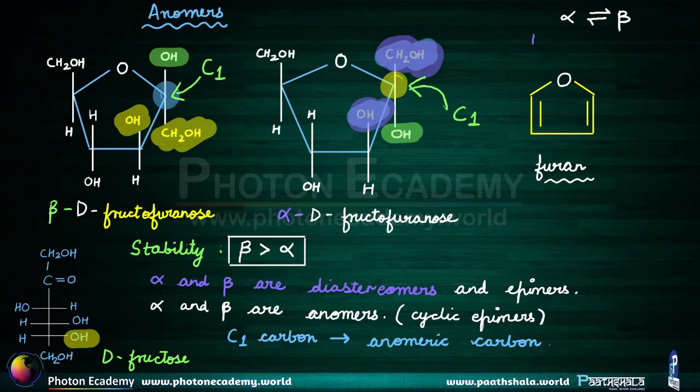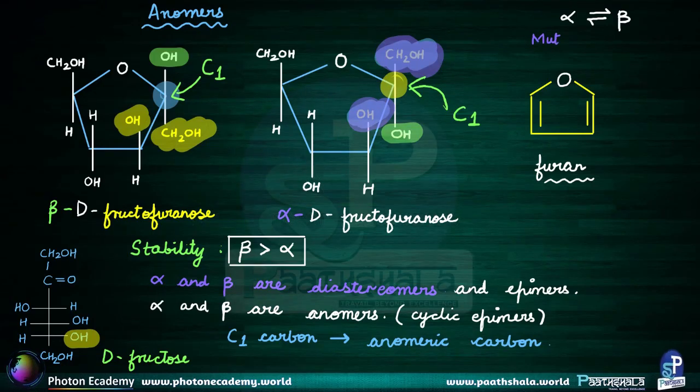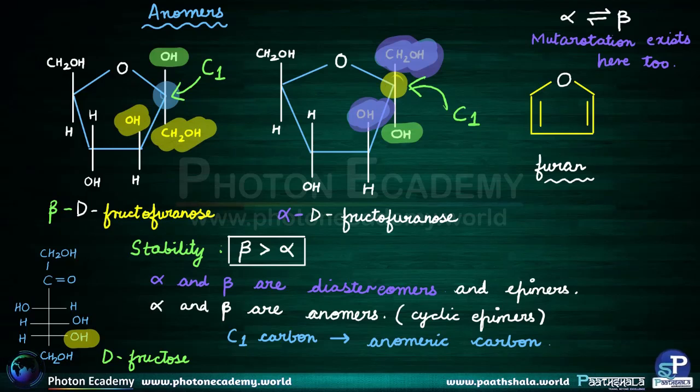So we can just write here that mutarotation exists here also. Okay, so a lot of points of commonality between our fructose and our glucose. So we can see that mutarotation exists here.